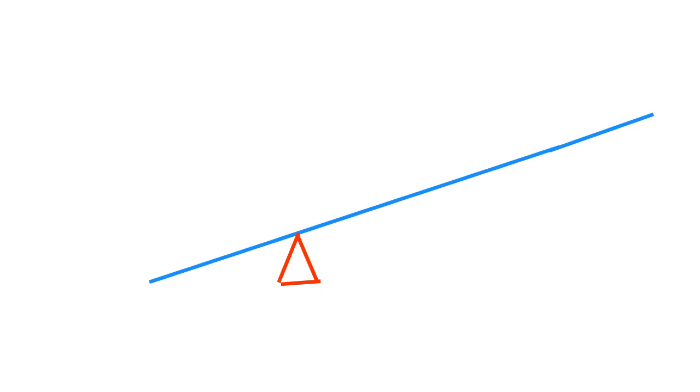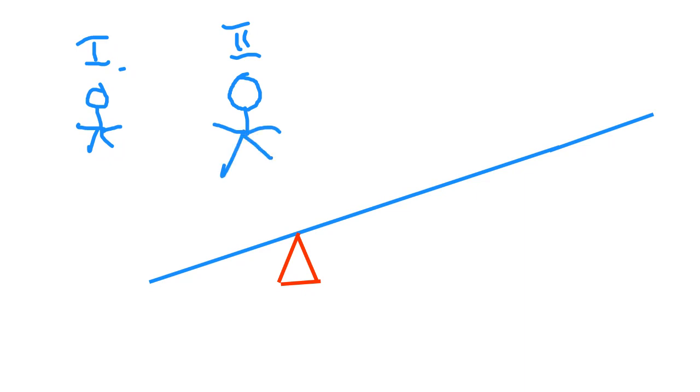Here's kid 1, and here's kid 2. One kid is going to sit on one end of the seesaw, and the other kid on the other end.